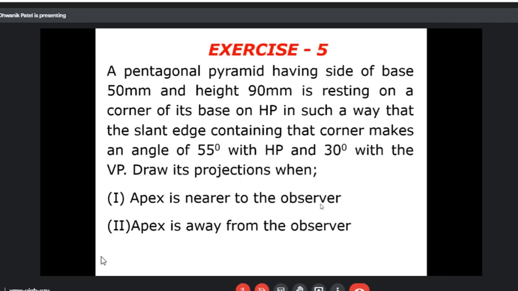Apex should be far away from the XY line, because the observer is always, suppose in the third step, the observer is on the top side. In the fifth step, the observer should be on the bottom side. So if the apex is nearer to the observer, it means the apex point should be far away from the XY line. If the apex is away from the observer, it means the apex point should be nearer to the XY line. Understand? Yes, sir. Okay, so let's start.